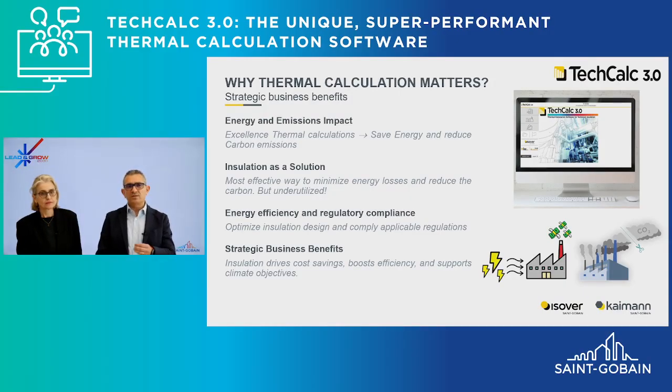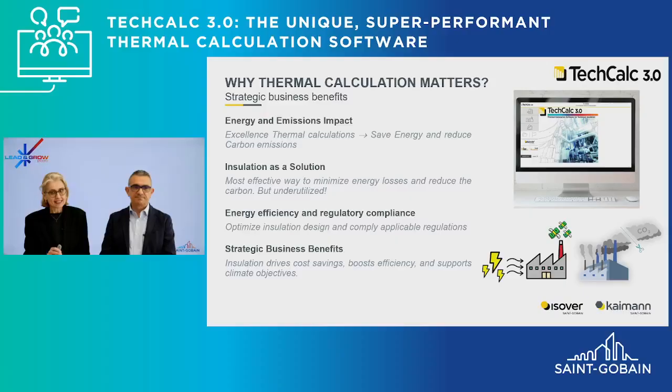Insulation actually is one of the easiest ways to reduce the energy costs, the heat losses, and the CO2 emissions, and in many cases insulation is overlooked and underutilized. Effective insulation design with this type of calculation tool enables organizations to improve the energy efficiency in industrial plants, comply with the regulations, and minimize the environmental impact.